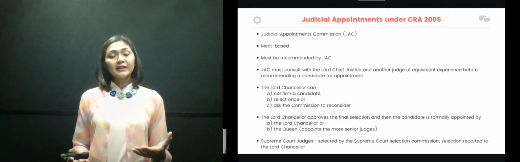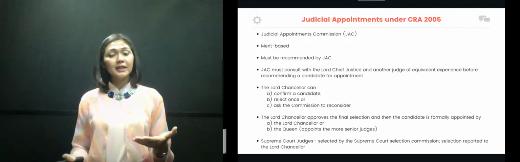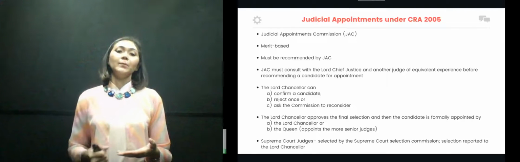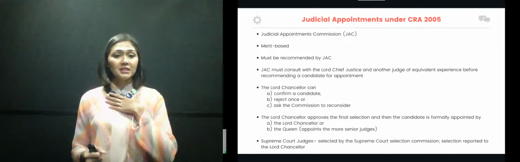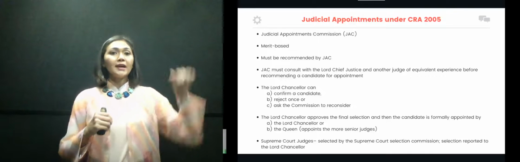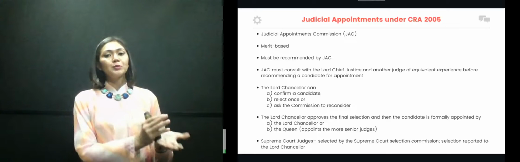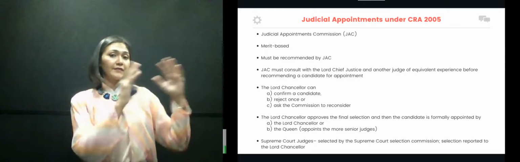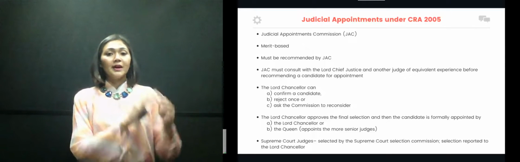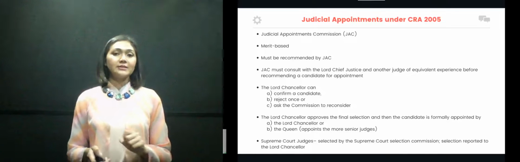Finally, if the Lord Chancellor is happy with the decision and approves it, then the candidate will be appointed by the Lord Chancellor or by the Queen. Supreme Court judges are selected by the Supreme Court Selection Commission. They have a special commission body, and this selection will report directly to the Lord Chancellor.